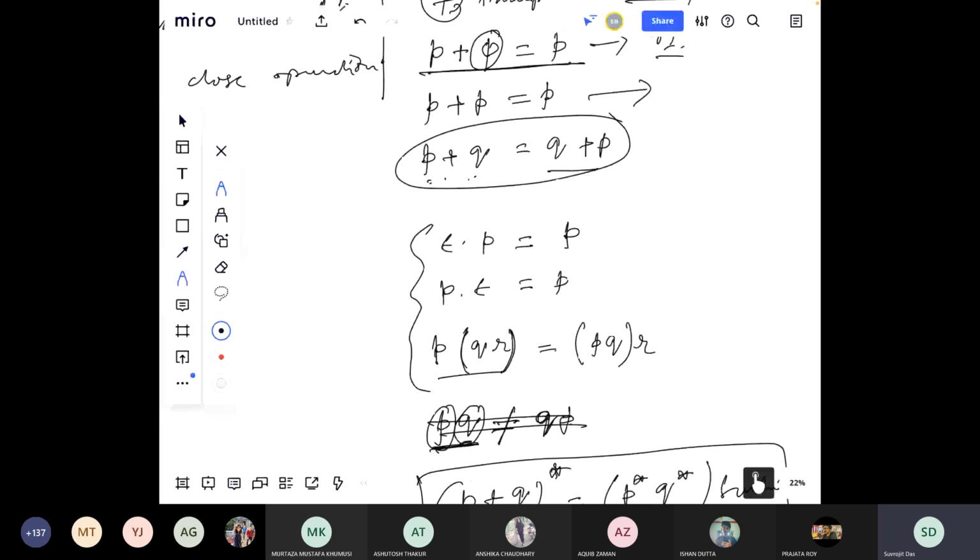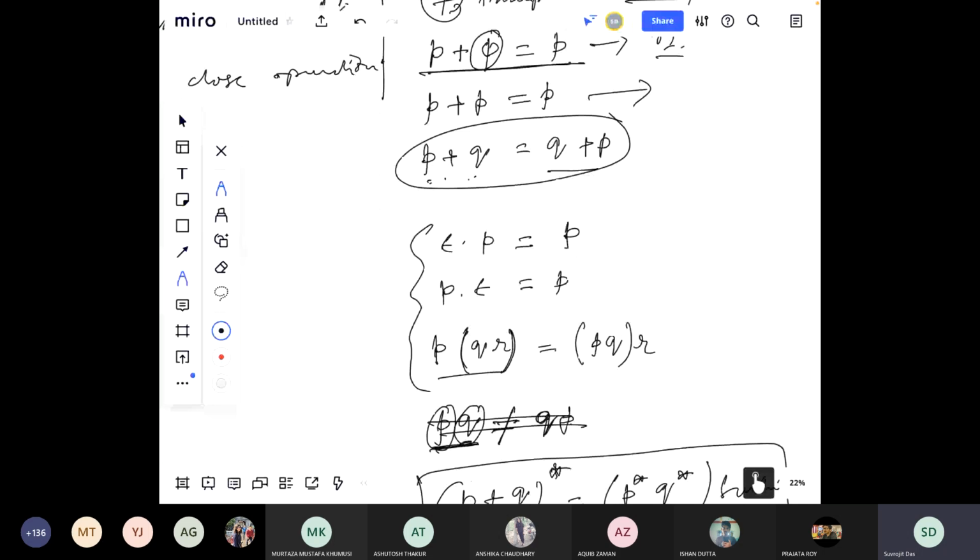So algebraically, this is how to build regular expressions. For building regular expressions, you go for a recursive construction like this. Step number 1, phi is a regular expression that denotes the set phi. Epsilon is a regular expression that denotes the set epsilon.